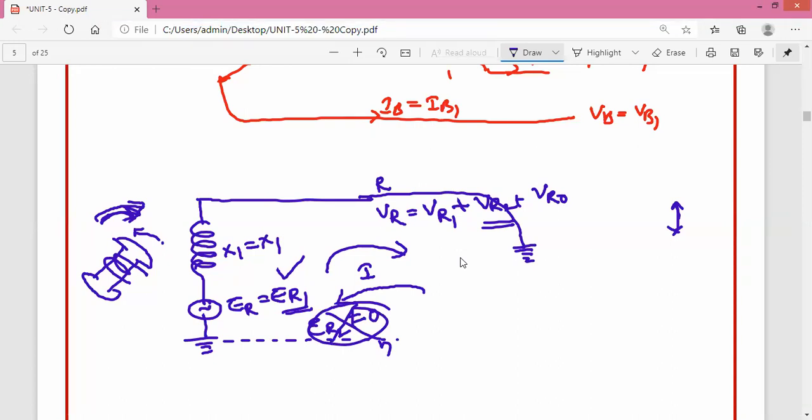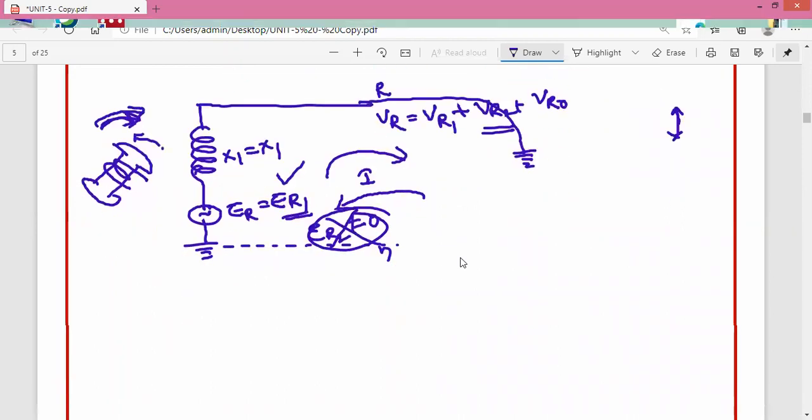On the terminal side you may have the negative sequence, but on the generation side you will not have the negative sequence component. Generating voltage will always rotate in the positive direction only. Generated sequence is always positive sequence components only.